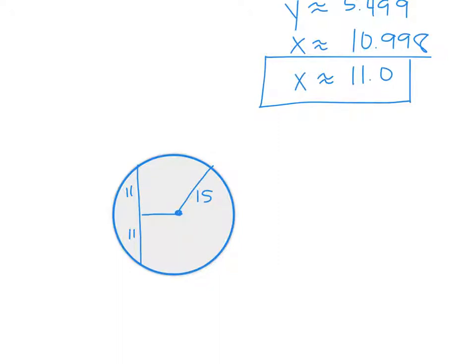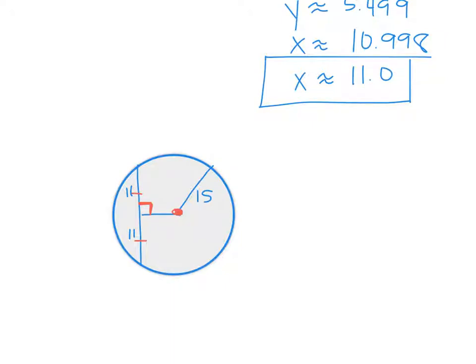You have a center of the circle, and these are congruent. Therefore, what is true? We know it's bisected. We know it's the center. It has to be what? Perpendicular. Okay, so we know, based on this picture, that this is a right angle right here.